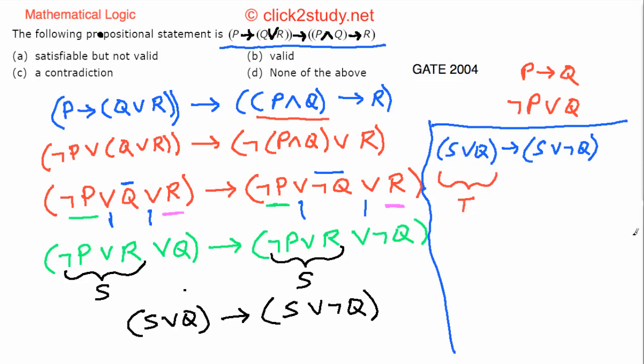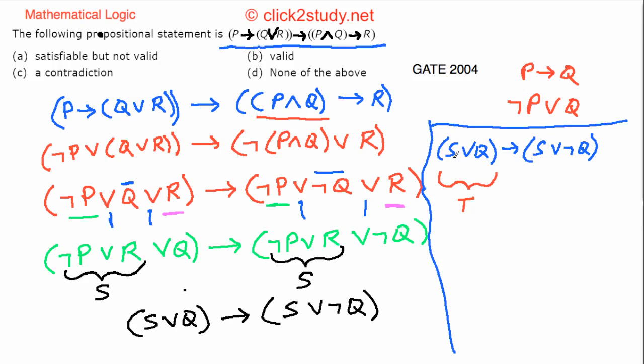We have three possibilities: both S and Q are true, or S is true and Q is false, or S is false but Q is true. If both of them are true, then this is definitely true, since S is true, so the whole consequent will be true, and in that case the implication is true.